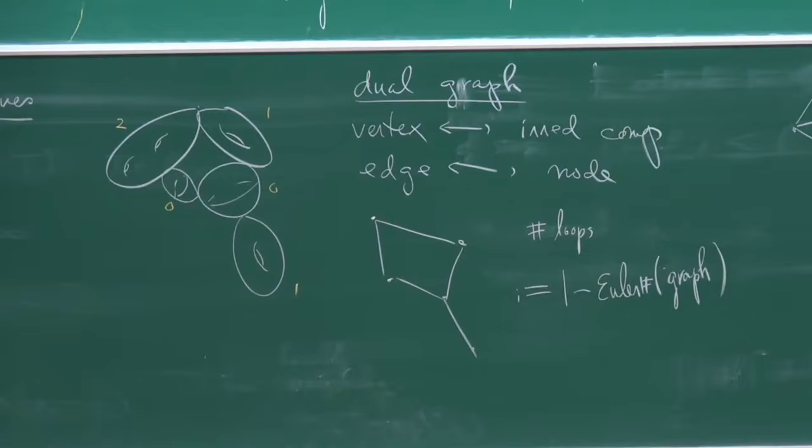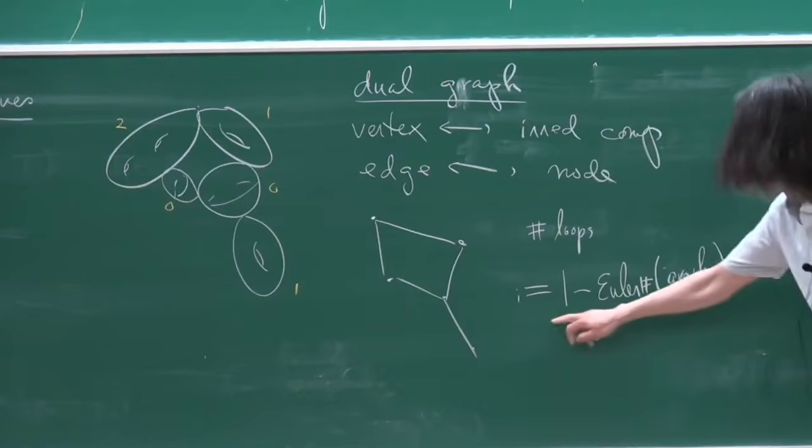But if your graph is like this, and here I have a loop, and here I have a loop, you may think that this one is also a loop, but we don't really count this and this and this to get 3. Look at the Euler number of this. The vertices are 1, 2, 3, 4, and the edges are 1, 2, 3, 4, 5. So the Euler number is actually minus 1.